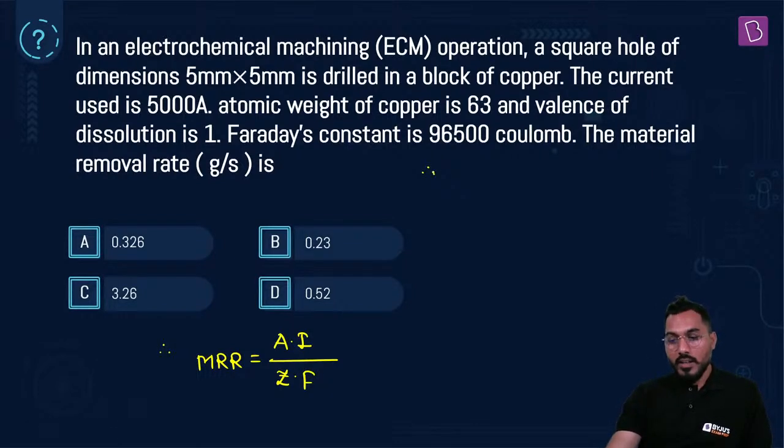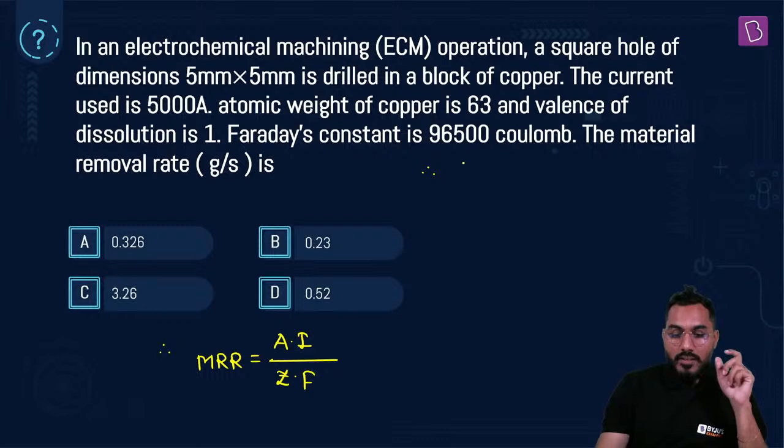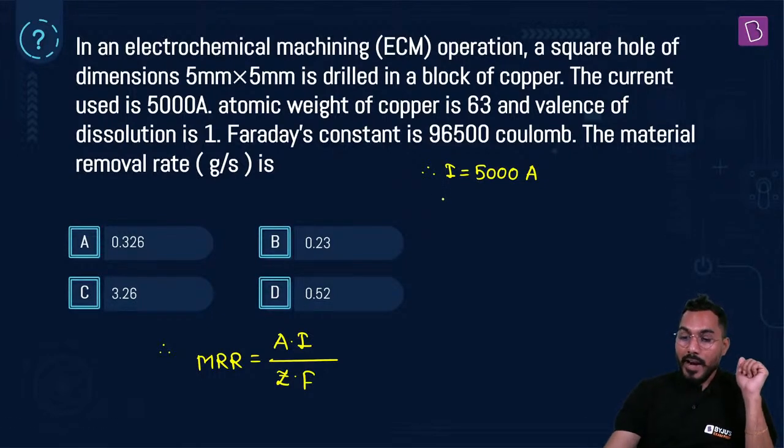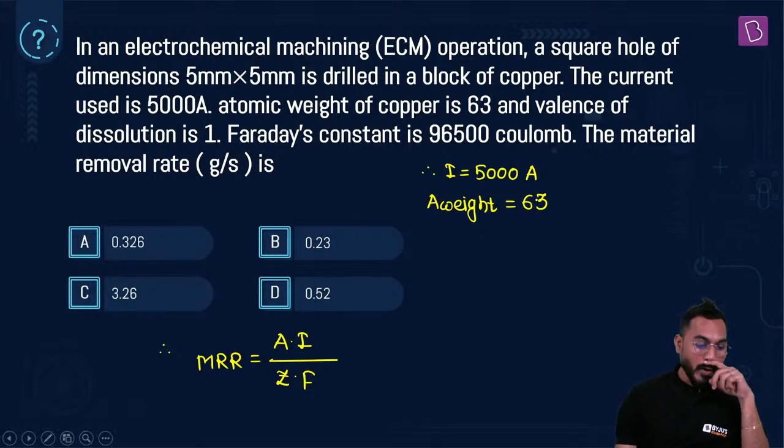The current used, I, is equal to 5000 ampere. The gram atomic weight A is given, equal to 63.